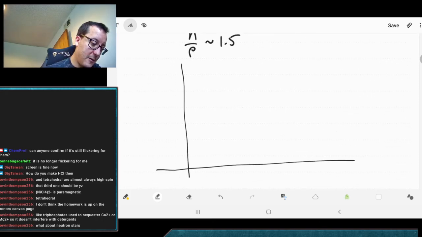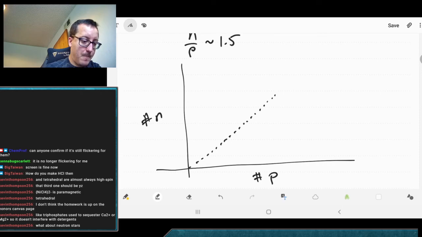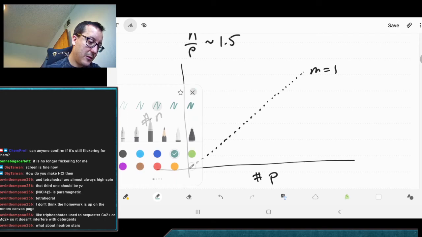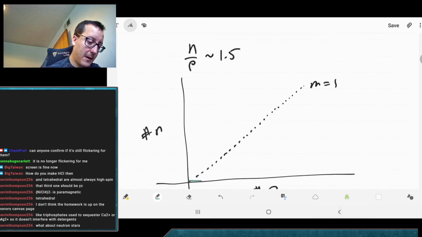So here we go. We're going to see that stable nuclei tend to occupy an area that's not quite exponential, but kind of exponential.